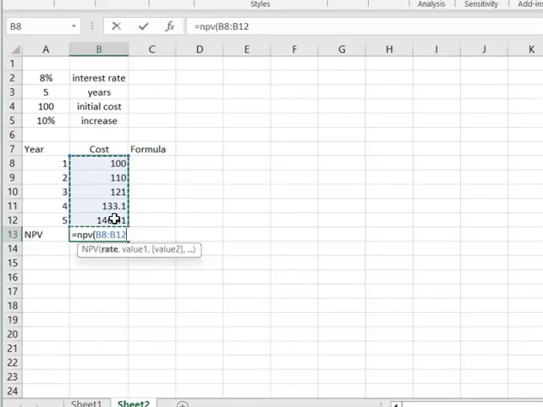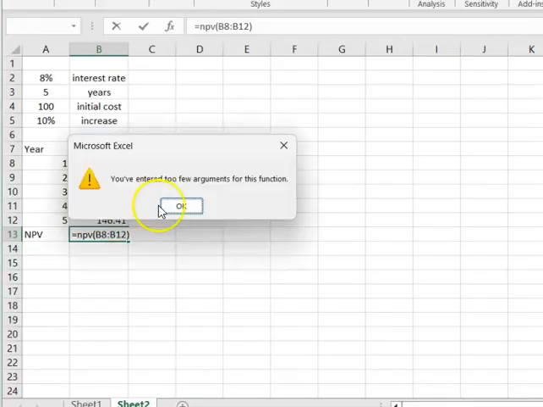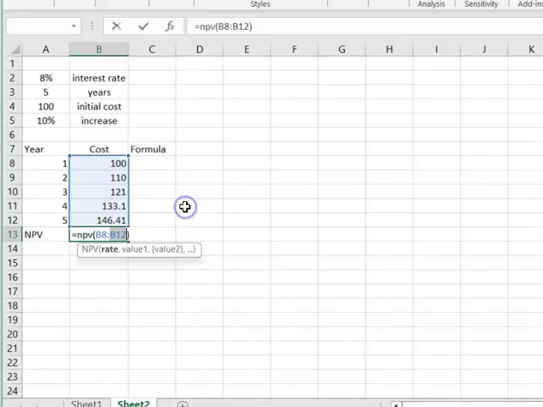It covers 5 values. And the rate also 10%.